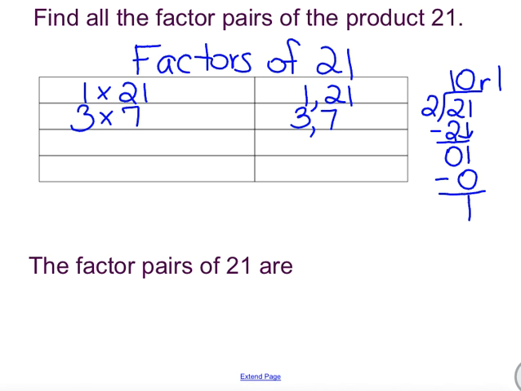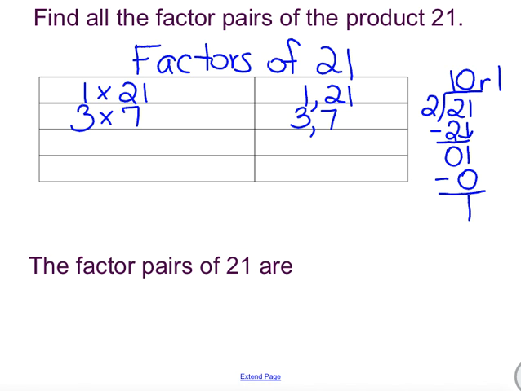So I keep on going. I tried 4, now I'm going to try 5. I automatically know that 5 is not a factor of 21, because in order to be divisible by 5, your number has to have a 0 or a 5 in the ones place, and 21 does not.